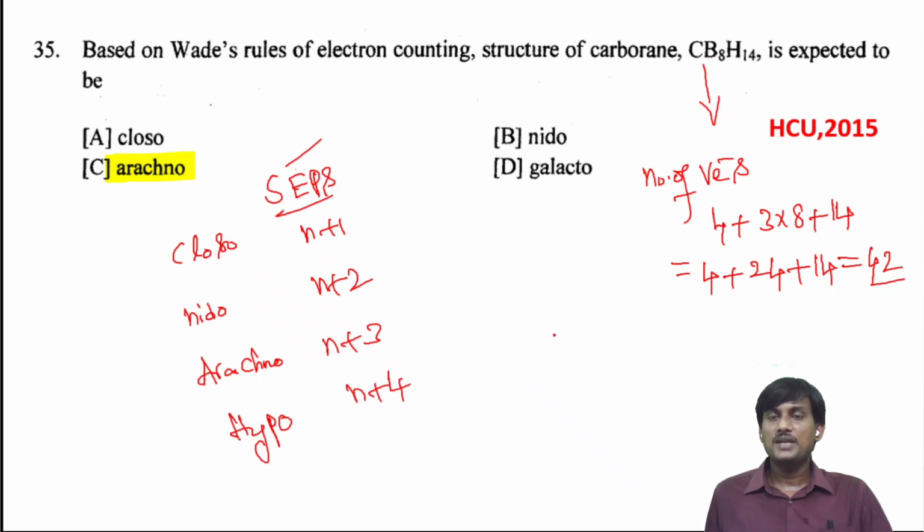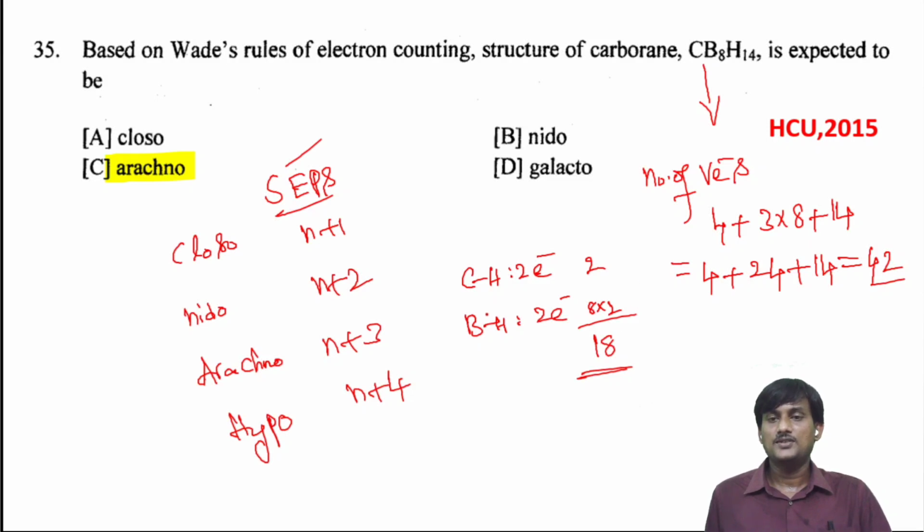And how many bonding pairs are there? The number of bonding pairs: CH contributes 2 electrons, and BH also contributes 2 electrons. Here, how many CH are there? 1 CH and 8 BH. So you have 2 electrons from CH and 8 into 2, 16 electrons from the BH, total 18 electrons from the CH and BH.